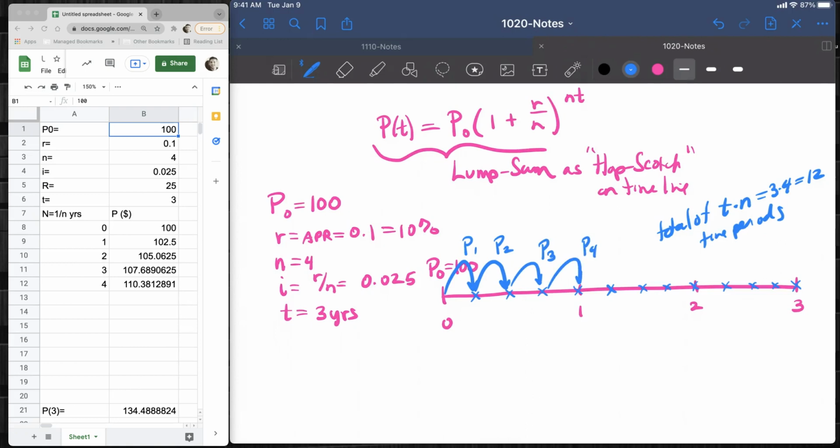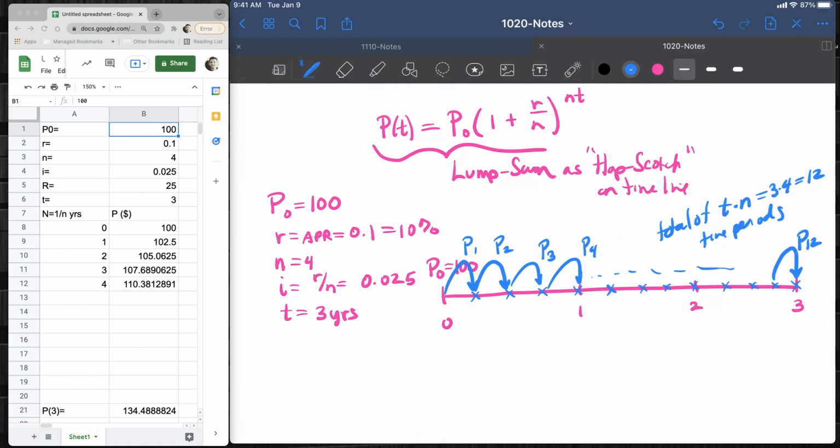After 4 time periods, we're at 1 year, right? 4 quarters of a year is 1 year. We were interested in what our principal was going to be after 12 jumps in time.